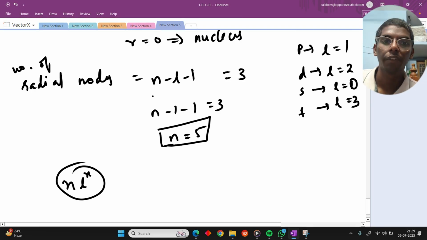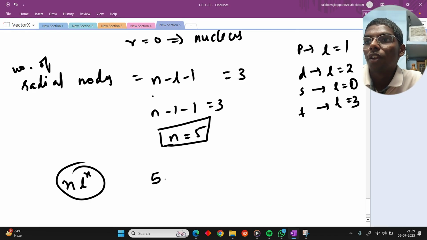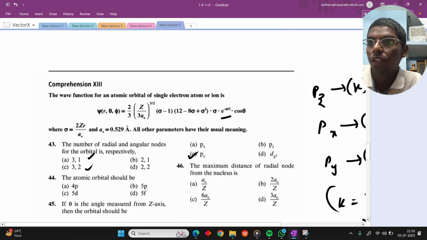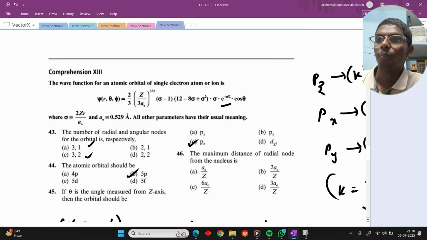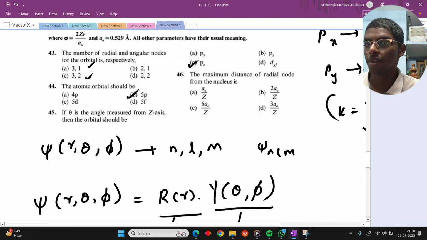Okay, this is how you find your n value. You got your n value and l value, so n equals 5 and l equals 1, so the orbital will be 5p.